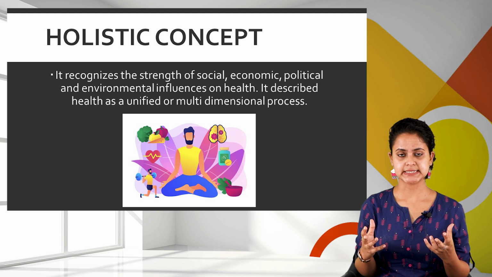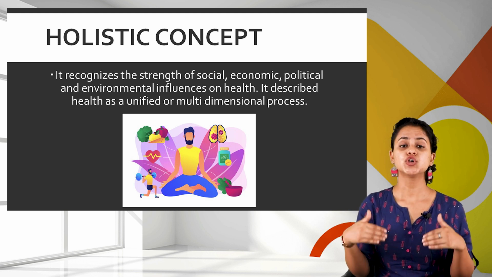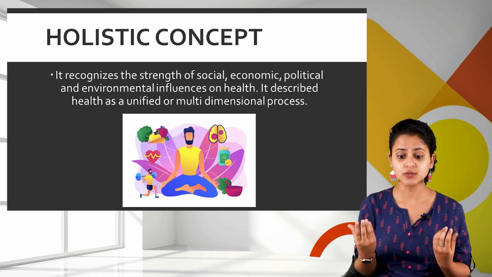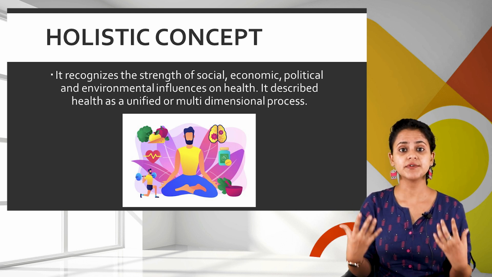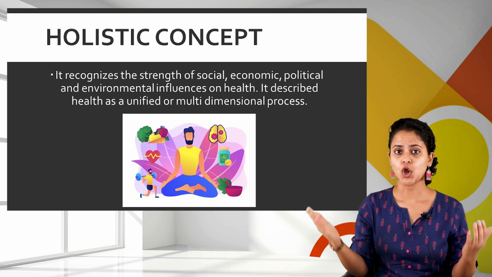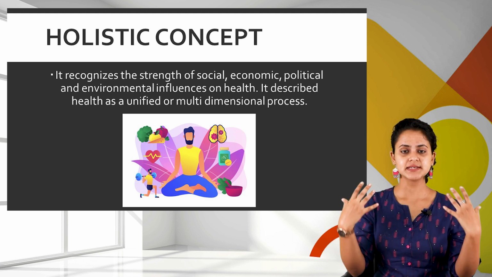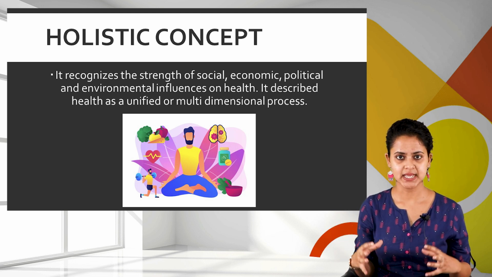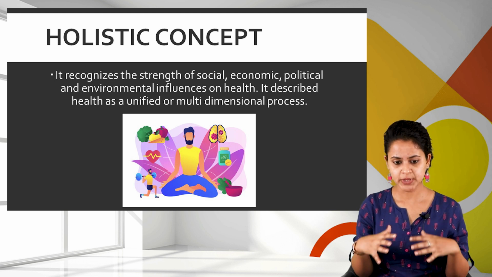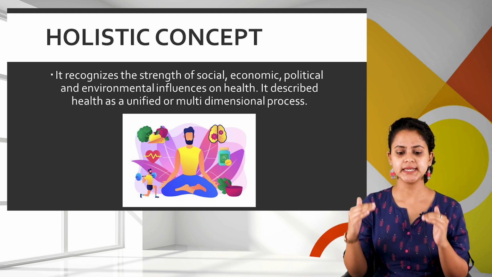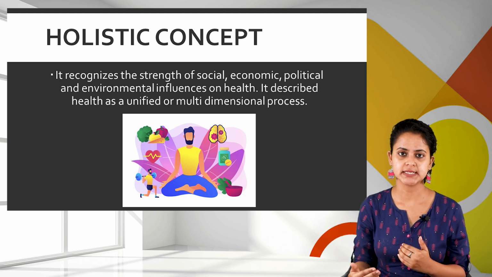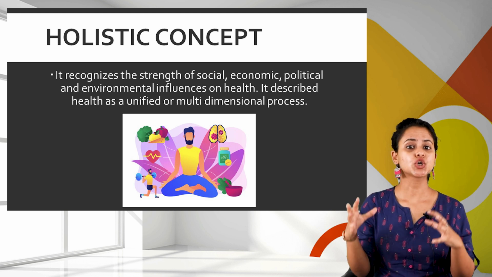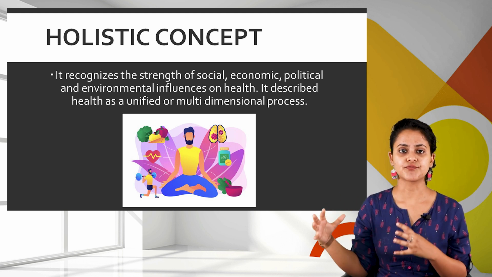So it recognizes the strength of social, economical, political, and psychological influence, even the environmental influence over health. So that's how the holistic concept has described health as a unified or multi-dimensional process involving the well-being of a whole person in context with their environment.